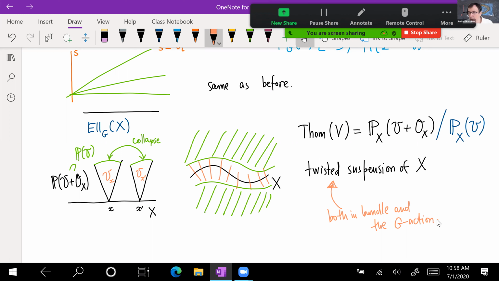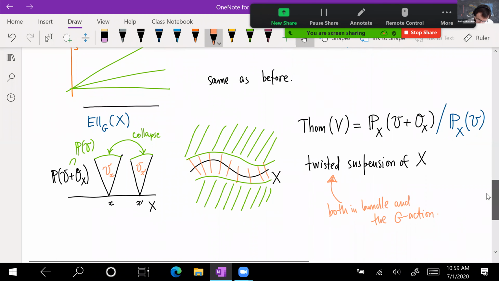So the bundle could be non-trivial, and if I have a trivial bundle and the trivial G action, that's really the suspension with the induced action. But I can make an iterated suspension by some degree. Then I can make both the bundle be non-trivial and the action be non-trivial.